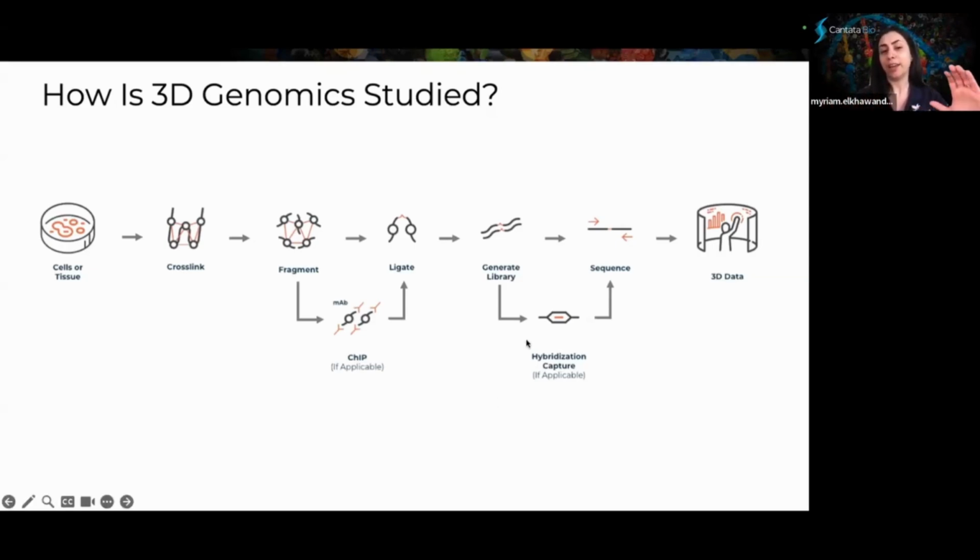The way you do that is by first generating the whole genome library, and then using that as input for hybridization. You hybridize with probes against your regions of interest, and that's the library you sequence, which is referred to as a capture library or an enriched library. So you're now looking at the interactions associated with your regions of interest.